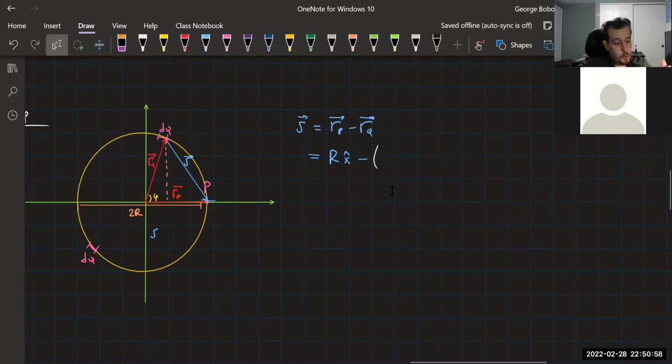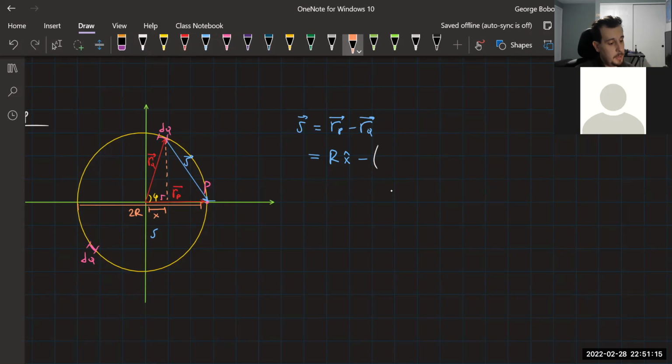Great. So if you have this RQ right now, you can see that it has two components, one in the x, one in the y. You can get them by using trig very quickly. So this here is x.